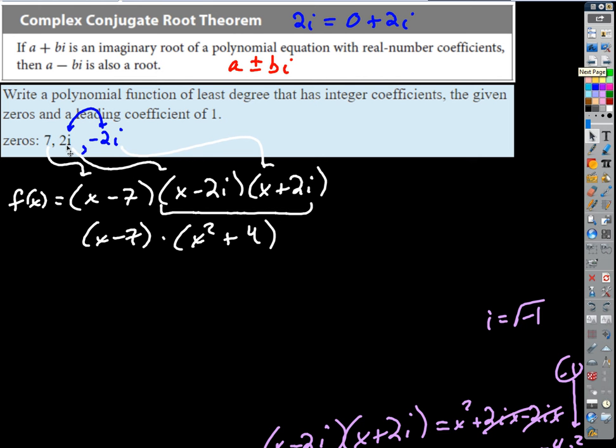So 0 plus 2i, the complex number if I wrote it out, has to go with its complex conjugate, which would be 0 minus 2i. We don't need the 0 on there, but we need the minus 2i part. Those have to go together. They come as a package. So when I include this other missing 0, that gives me a third factor. X minus -2i is x plus 2i. I get the product of these three factors.